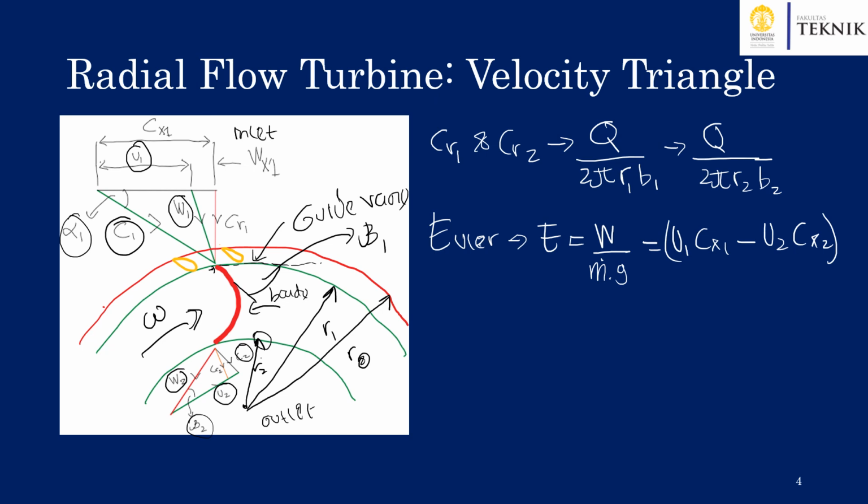And if we have ideal conditions, that means at the outlet Cx2 will be equal to 0. The Euler head will only be a function of U1 Cx1 divided by gravity.